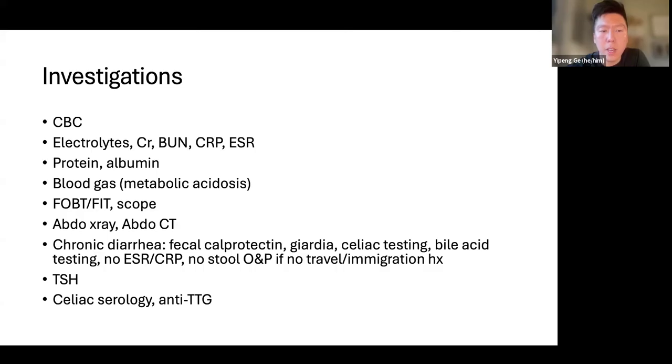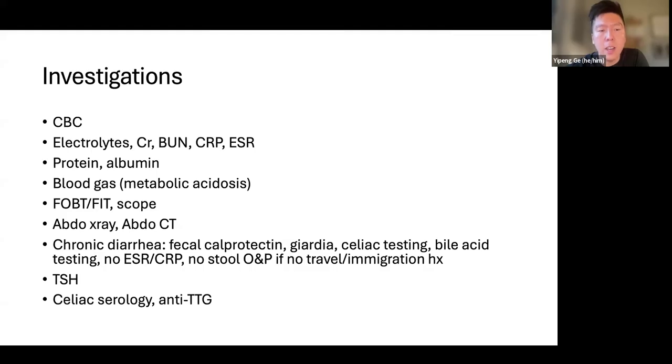You could do an abdominal X-ray or abdominal CT scan to get a sense of any structural abnormalities. You could also see fecal loading, like a fecal mass, on an abdominal X-ray, and certainly with a CT scan you have much better visualization of the soft tissues in general and the multiple organs in the abdomen.